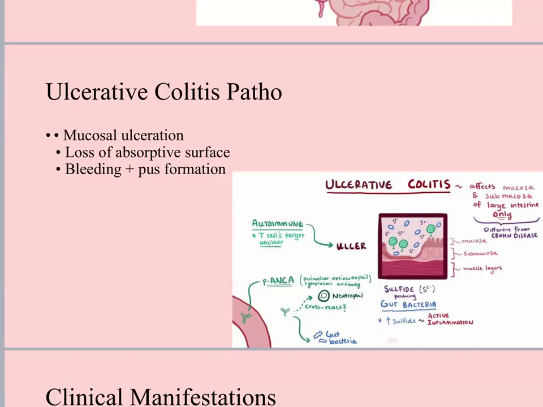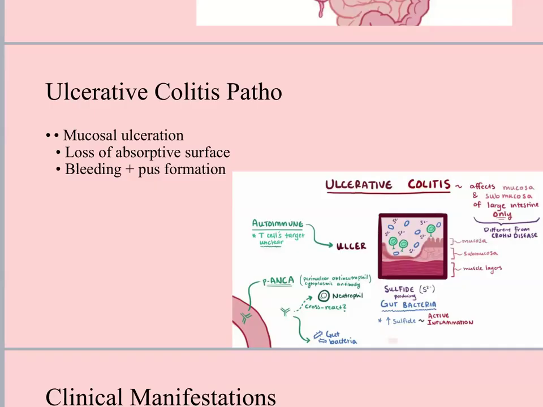Like in other autoimmune illnesses, the body's immune system becomes overactive, but the target is the mucosa of the colon. So then edema, vascular congestion, and ulceration of the mucosa occur.